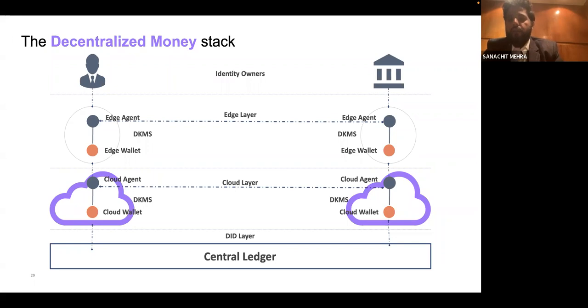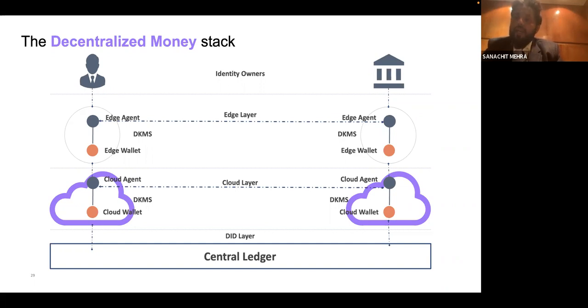As long as you're connected to a network, you have internet capability, you're all fine. But you have to understand that retail CBDCs intend to replace the bearer instrument of physical hard cash, which means the intent of the central bank today is to replace or at least partially replace what comes with physical cash. And the primary feature is its ability to be transactable without network connectivity as well.